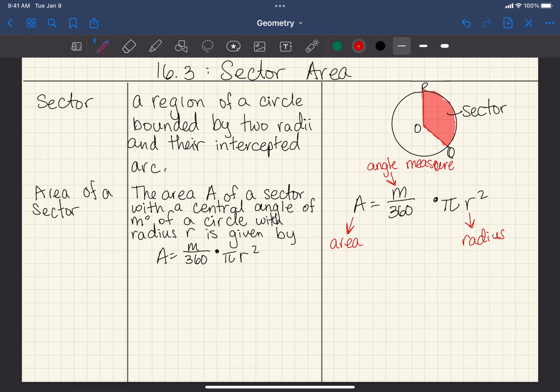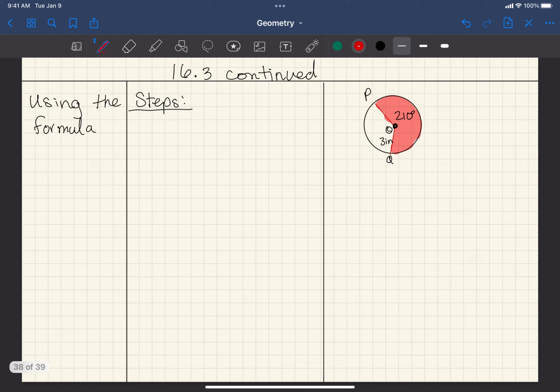Okay, so we're going to go ahead and just do an example already. It's not too difficult to do. It's pretty much just using the formula. So my step one is going to be replace the values. Remember that my formula is A is equal to the measure over 360 times pi r squared.